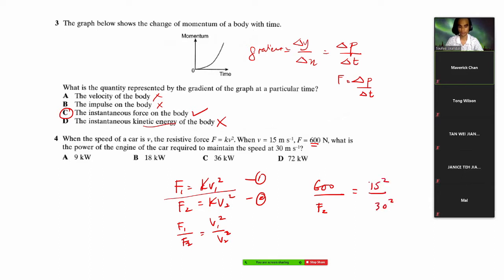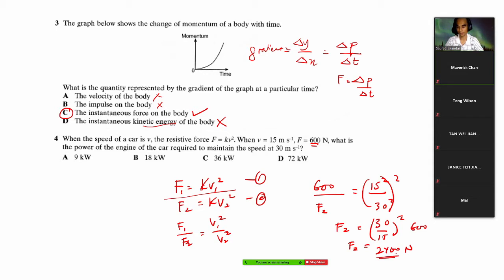So F2 is 30 over 15, squared, times 600. So we have found the force needed to overcome the resistive force, which is 2400 newtons.